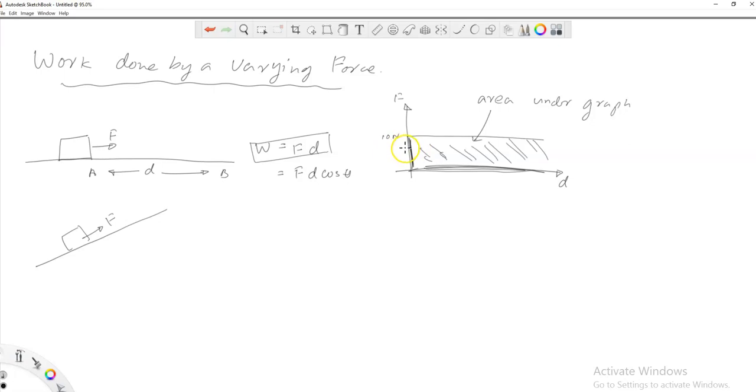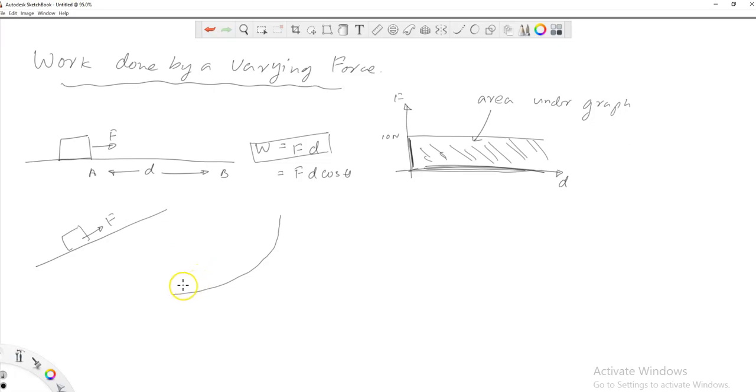Now let's think about a situation where force is changing. When you move something, the force you have to apply changes. Either it increases or decreases, or it goes up and down. Think about a situation where you have an incline, but the slope changes constantly. Like you start here and then it increases, and then, right?